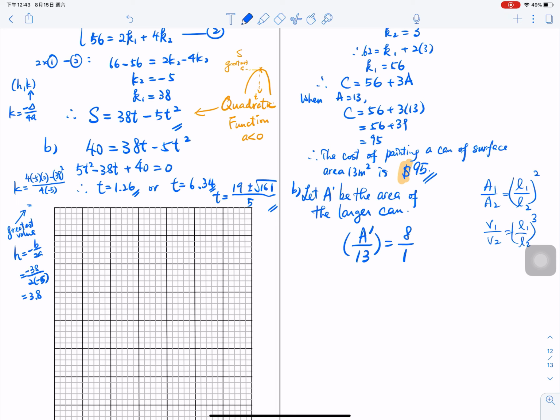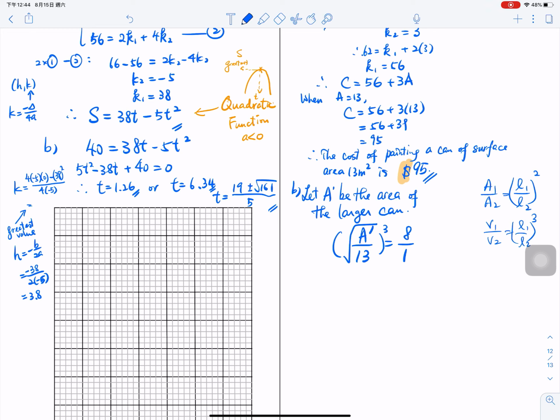Not the ratio of lengths, that means we can do it like this. Take the square root, then it becomes the ratio of length, and later on take cube, it becomes the ratio of volume, right?